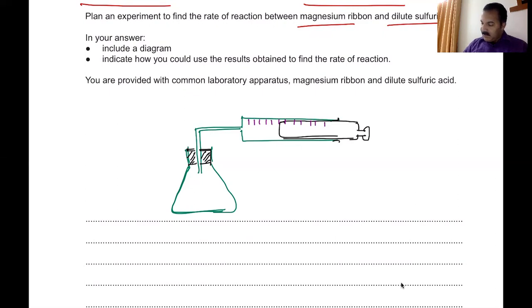All right, now here you take the acid, and inside that you show the magnesium ribbon. One ribbon is quite good enough. Do the labeling without fail. Make sure you do the labeling. This is the gas syringe.